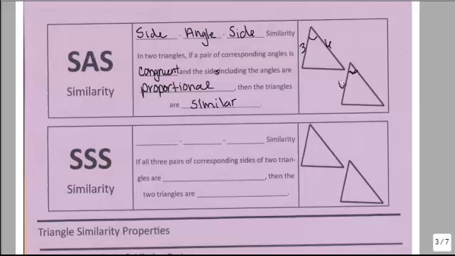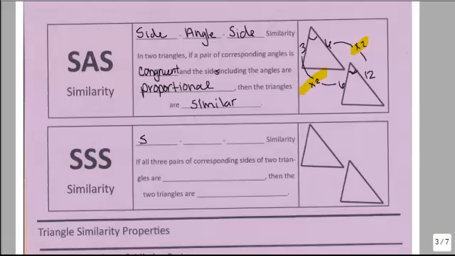So this side would be 6, this side would be 12. So you see that to get from 6 to 12, it's times 2. To get from 3 to 6, it's times 2. So as long as both of these are the same number, then they are proportional. They both have to be the same number, though. And then my angles also have to be congruent in between those two sides.